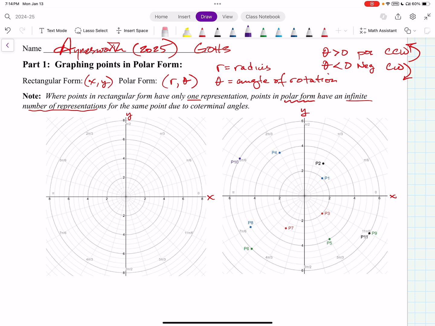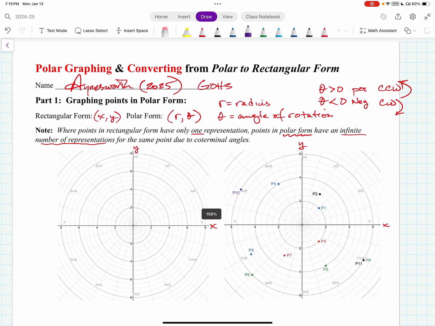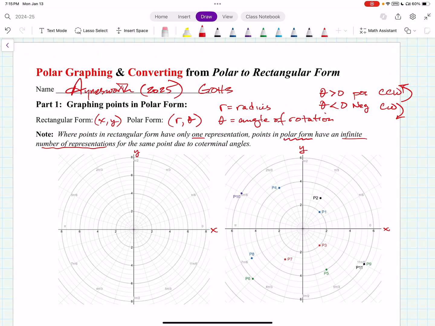Let's go over some basics. You're given r comma theta, radius and angle of rotation. Now the radius, let me back up. Let me talk about these circles. These circles are called concentric circles. You might have learned this in geometry, and if you didn't, here we go.